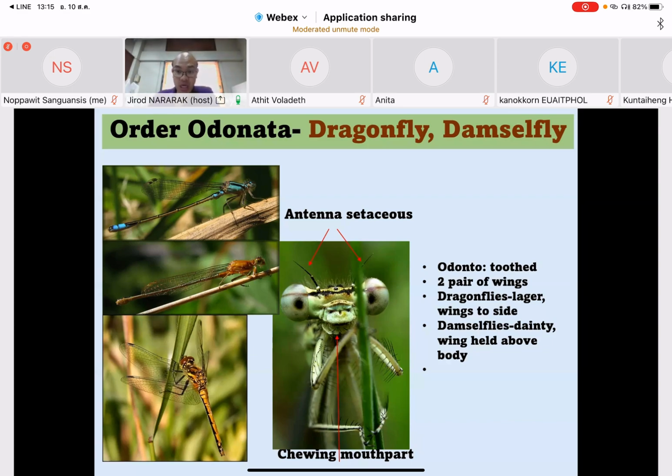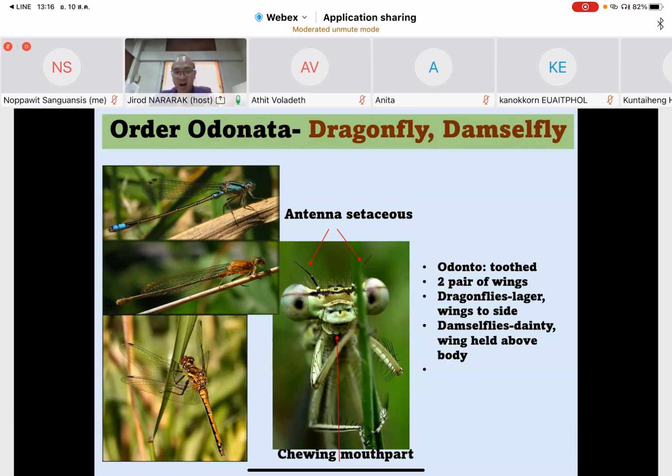So they have two wings and teeth, like tools. The mouth parts are very strong because they are predators. The tooth refers to the chewing mouth parts.